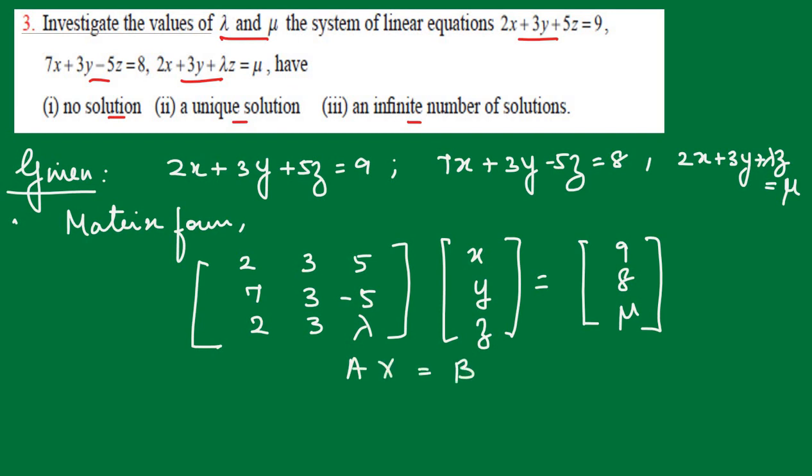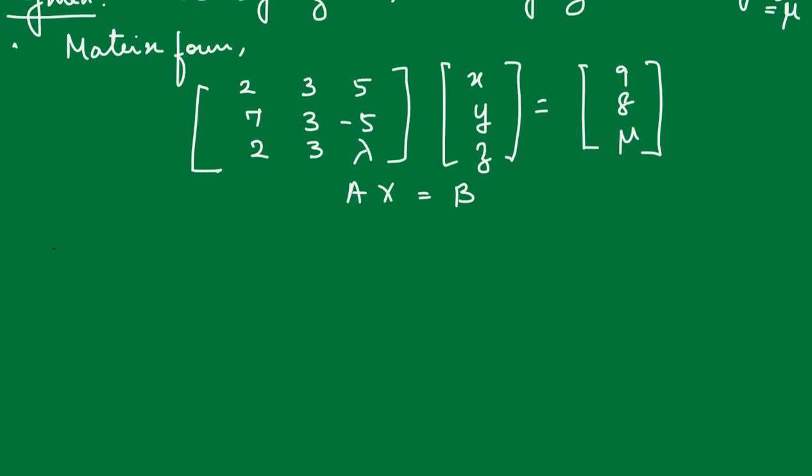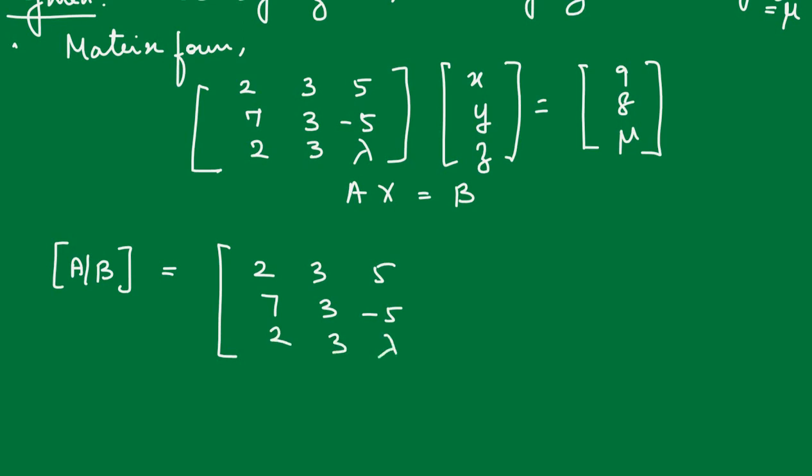We write the augmented matrix now. The augmented matrix AB is equal to the A matrix 2, 3, 5, 7, 3, minus 5, 2, 3, lambda, and the B matrix 9, 8 and mu.